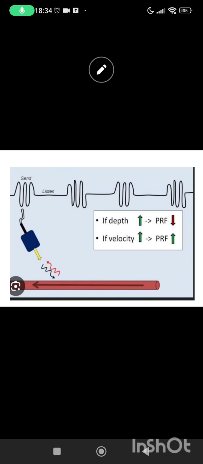If depth is more, PRF is reduced. And if velocity is high, then PRF is also high.